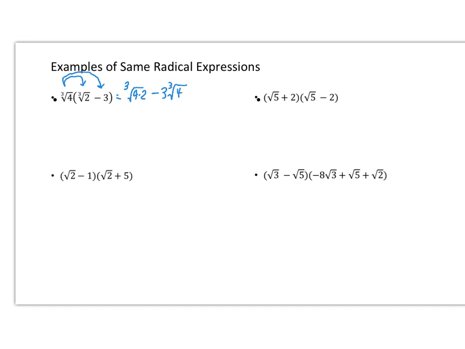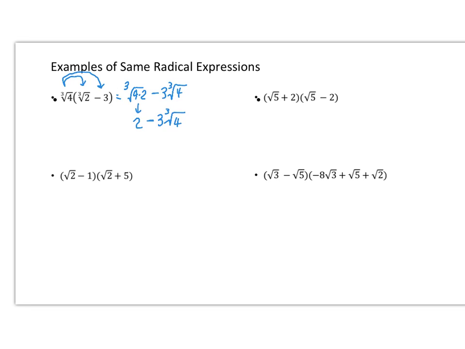Now you can see that this simplifies to 8 because 4 times 2 is 8 and the cube root of 8 is just 2. And then we're left with a minus 3 cube root of 4.